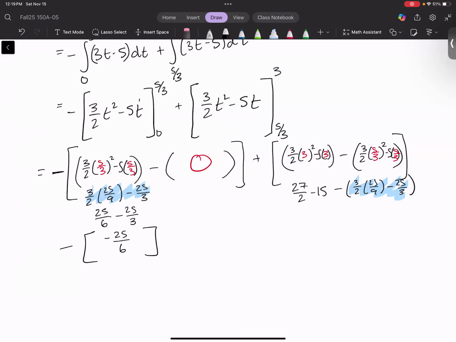Because we cut it up, there are multiple spots where our 5/3 bound appears. So there'll be duplicates here. So we can just go ahead and finish this. 27 over 2 minus 15 is negative 3 over 2. And then this is minus the negative 25 over 6.